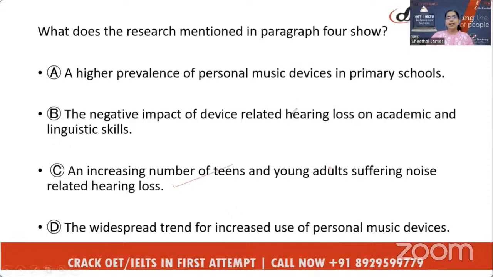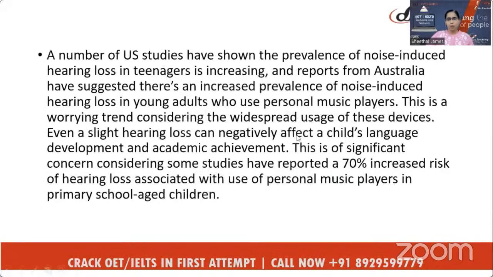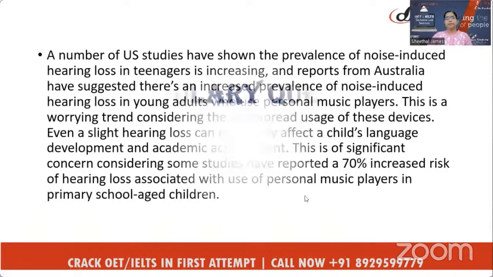When you go through the passage again, you can see that the passage is mainly talking about hearing loss and the reasons, because of those who use personal music players. That is how you can come to a conclusion.